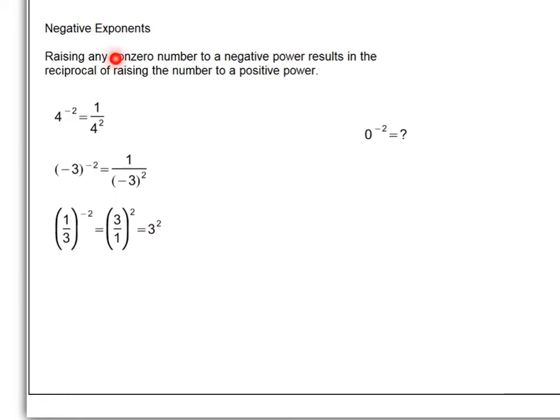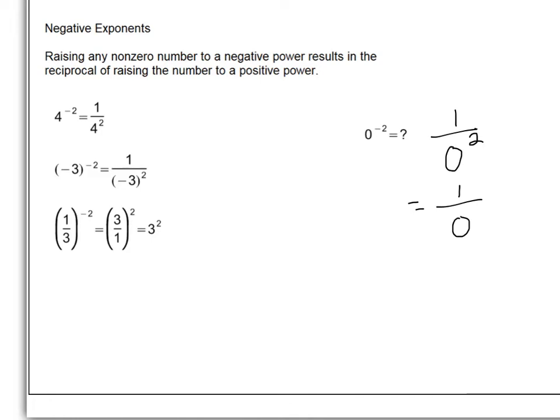Once again, I mentioned a non-zero number. If I raise 0 to a negative exponent, I'm going to have something unfortunate happen. I end up with 1 over 0, so I'm using the reciprocal, and instead of having it to the negative second, I make it to the positive second. Now, I know that 0 to the second power, or 0 times 0, is just 0.